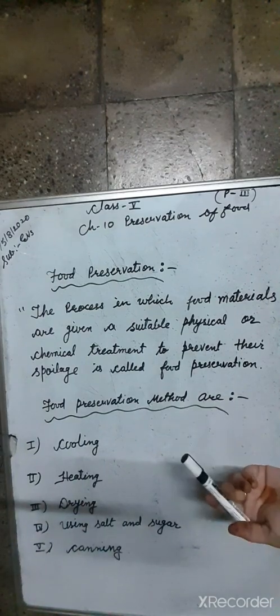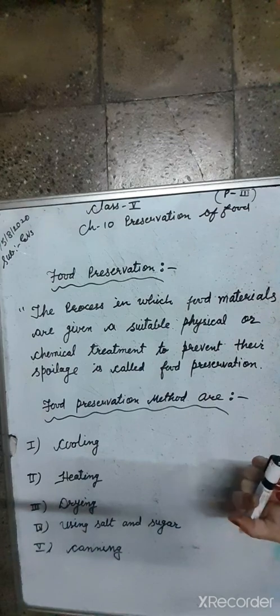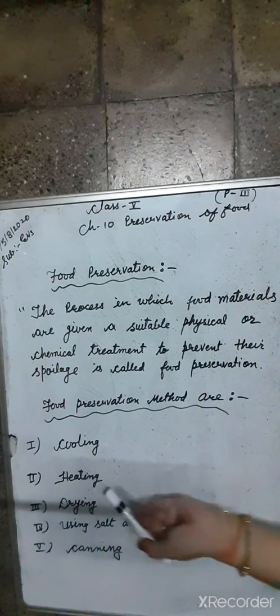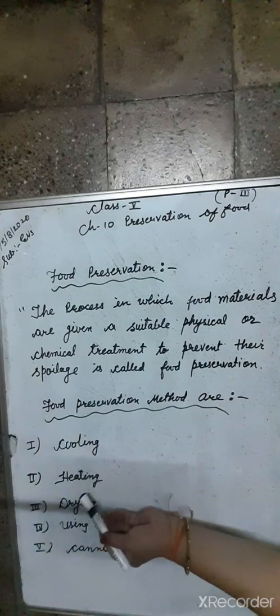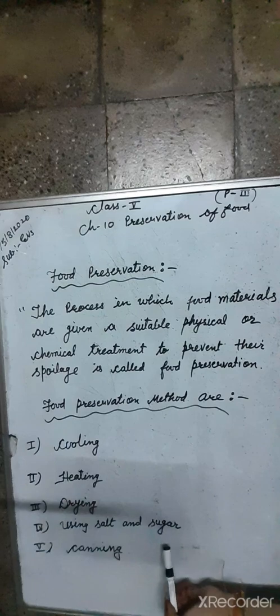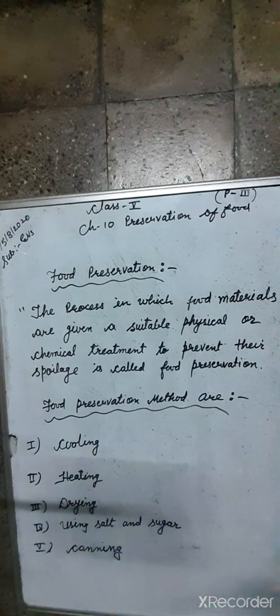Different types of food are preserved by using different methods of preservation. Some of the methods are cooling, heating, drying, using salt and sugar, and canning. Let us see in detail.